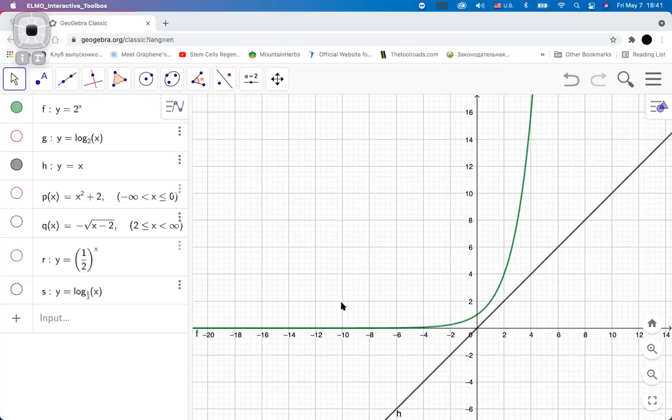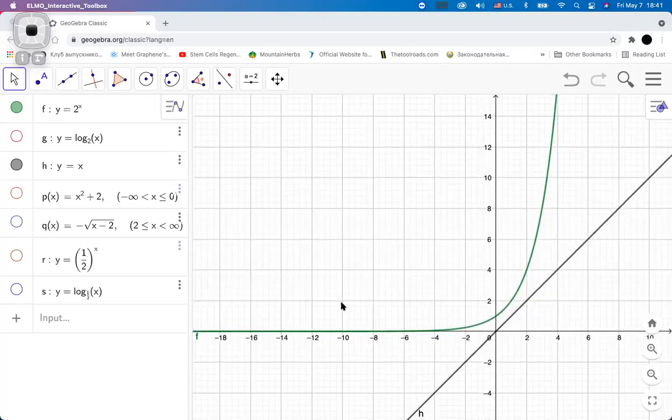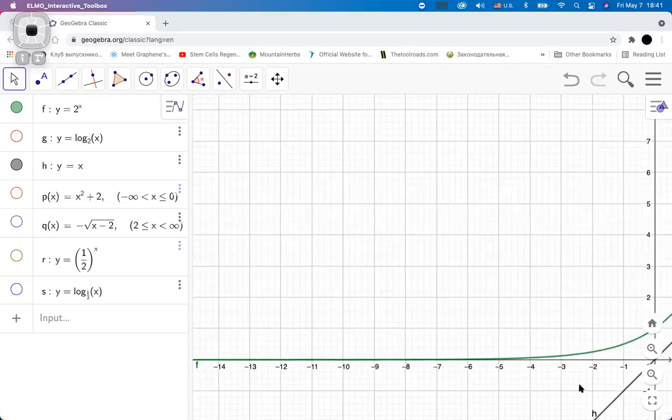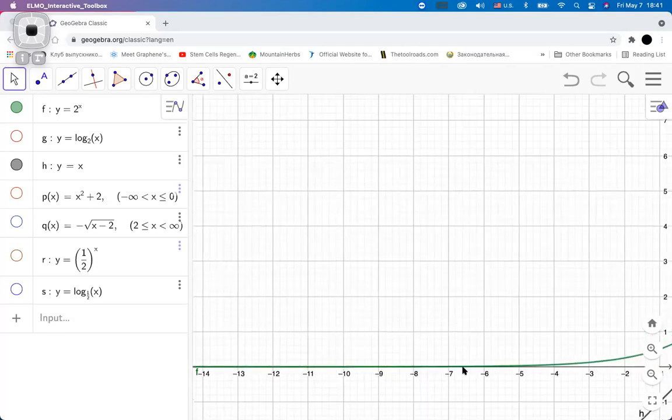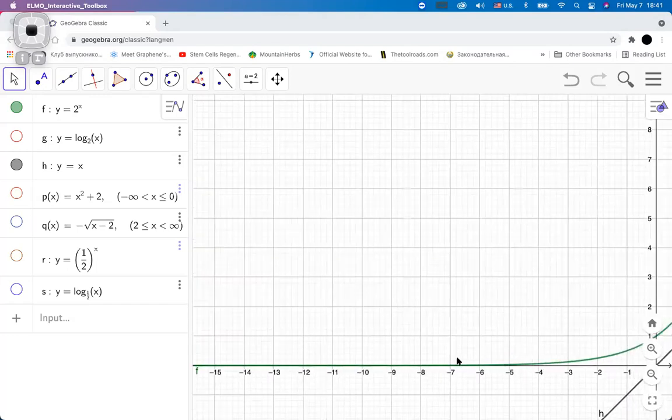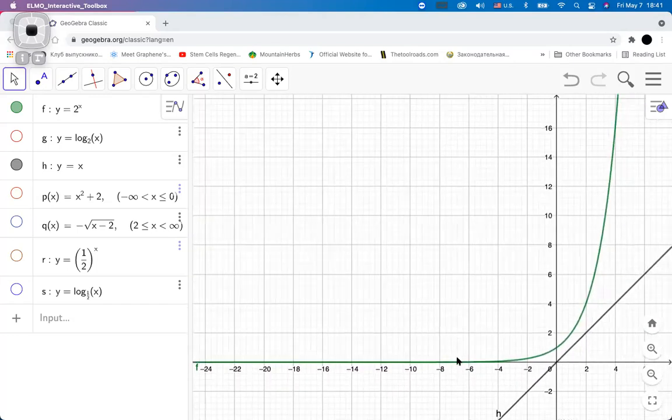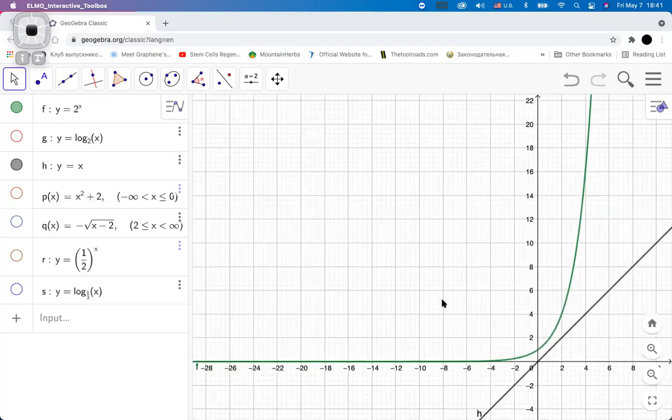As you see, let me approach closer, closer, closer. See, it does not touch, but it looks like touching. It does not touch the x-axis. So y equals 0 is a horizontal asymptote.